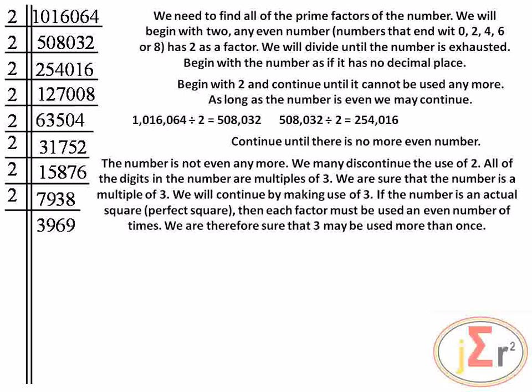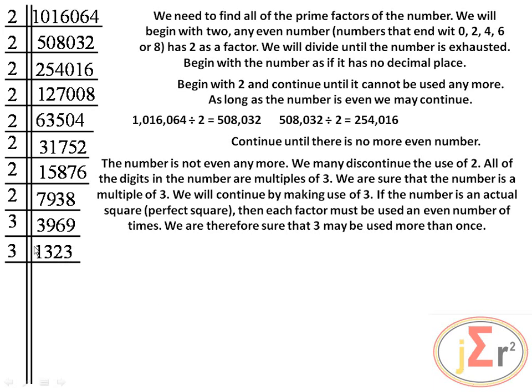So 3 into this is 1, 3, 2, 3. As long as this is a perfect square, we may use 3 again, because in a perfect square we cannot have an odd number of any factor. So use 3 again.